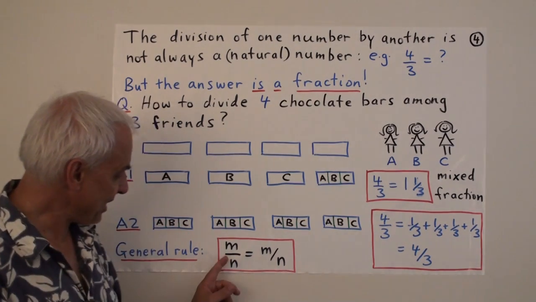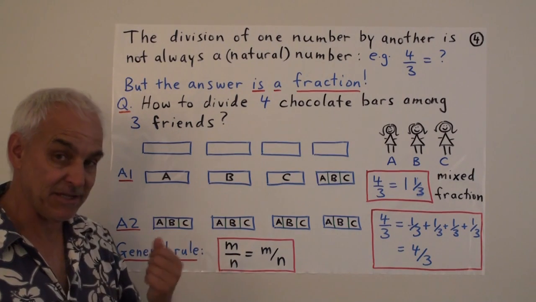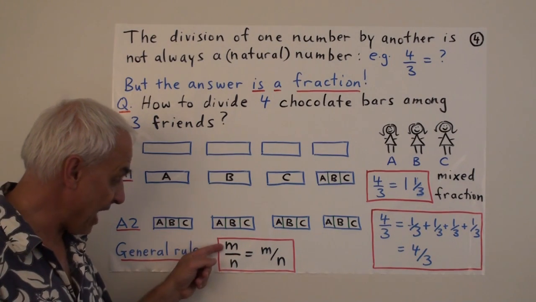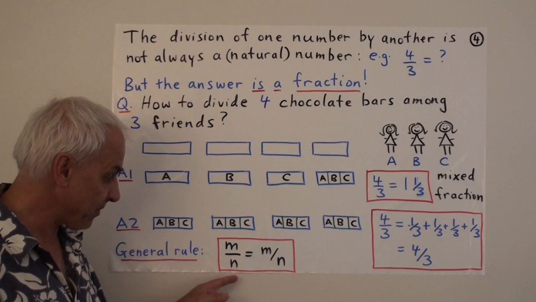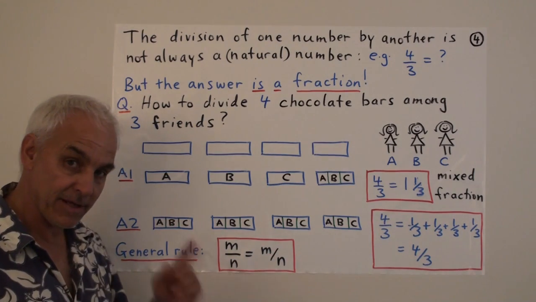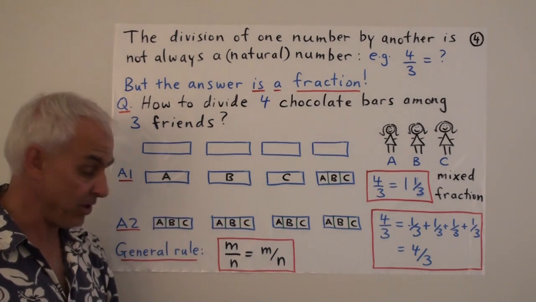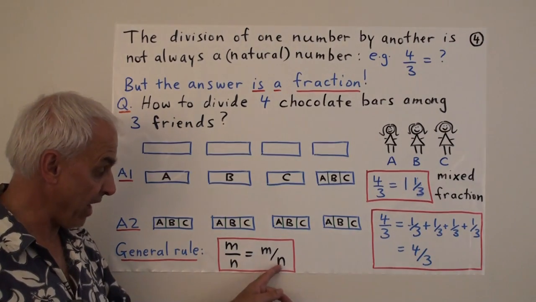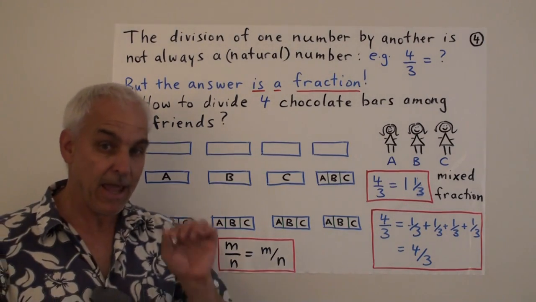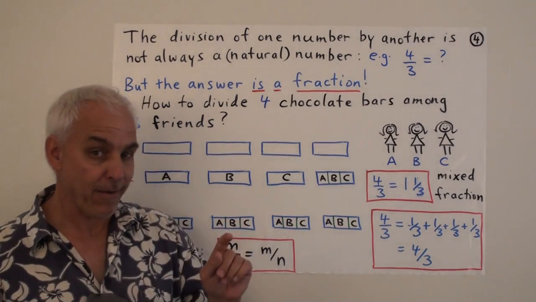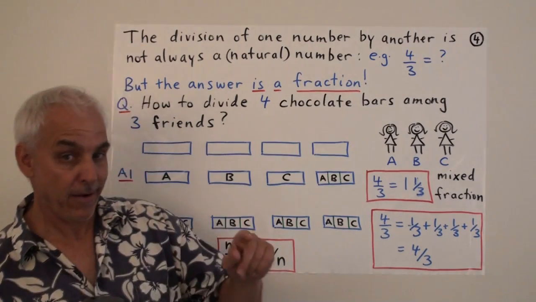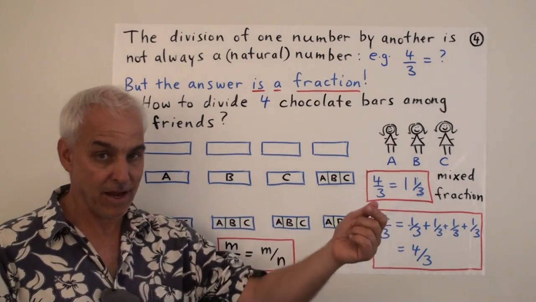So this line here represents a division. We're dividing this natural number by this natural number. This line here is alerting us to the fact that we have a fraction. This is the fraction m over n, which means m copies of 1 over n. 1 over n plus 1 over n plus 1 over n, m times.